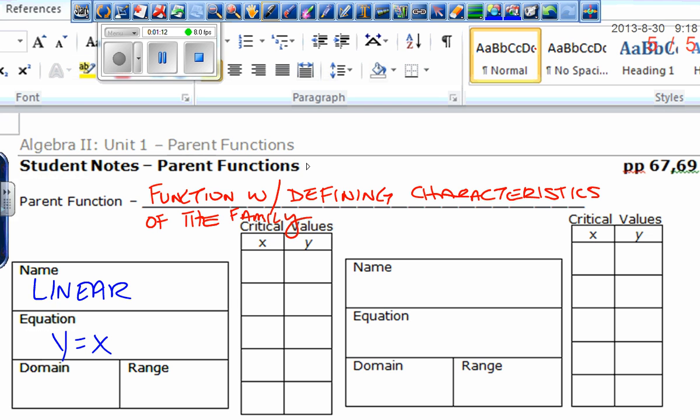All right, for our critical values, let's go from -2 to 2. For our y values, if y equals x, what would the y values be? -2, -1, 0, 1, and 2. The same, right?